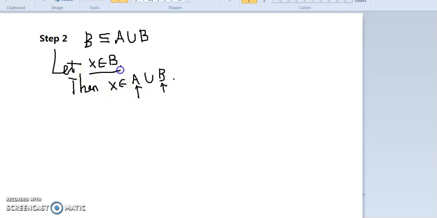We know for sure X is in B, so X is going to be in the union. So that's all we have to write down for step 2.